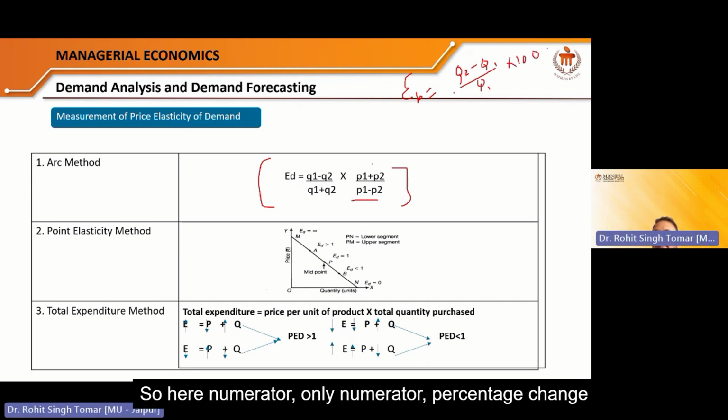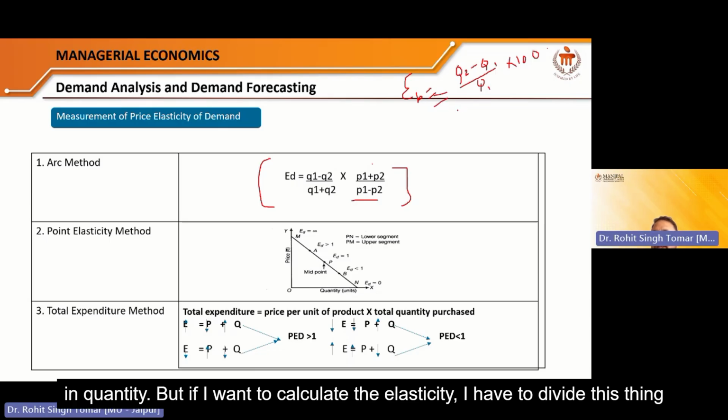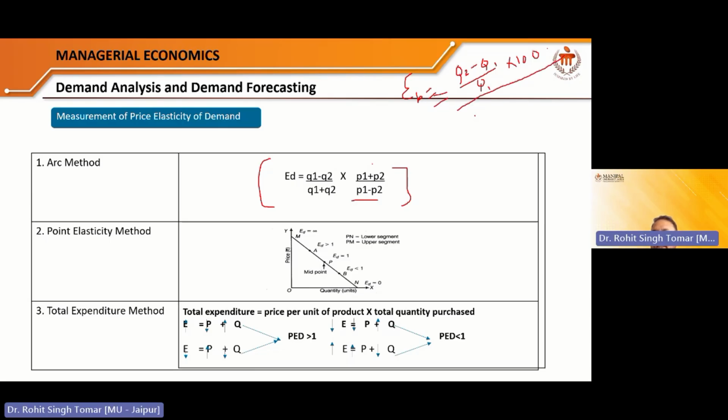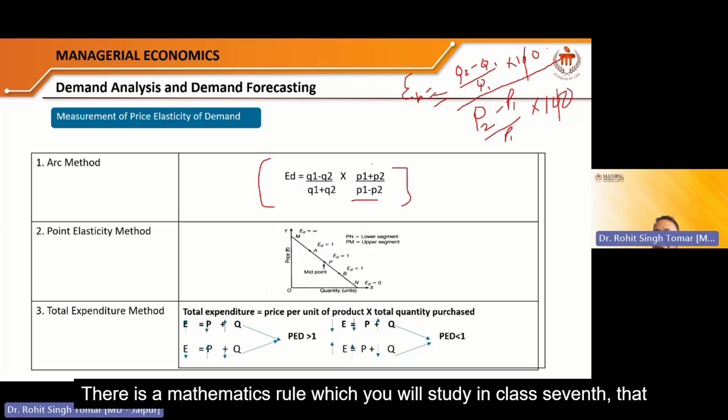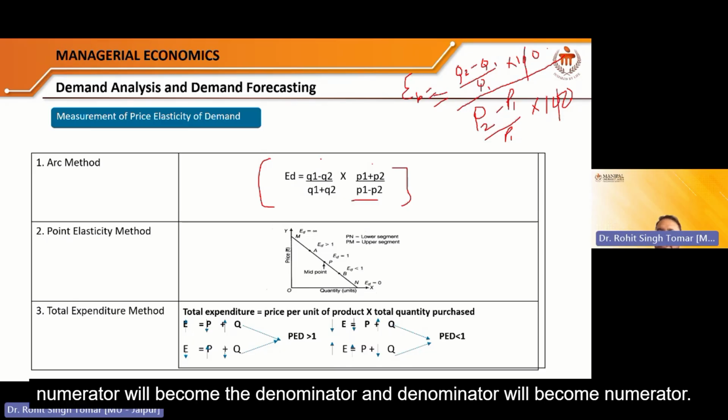So this is the numerator, only the numerator, percentage change in quantity. But if I want to calculate the elasticity, I have to divide this by percentage change in price. So P2 is the final price, P1 is the initial price, divided by the initial price, multiplied by 100. These 100s will cancel out if you solve it. There is a mathematics rule which you study in class 7th, that the numerator will become the denominator and the denominator will become the numerator.